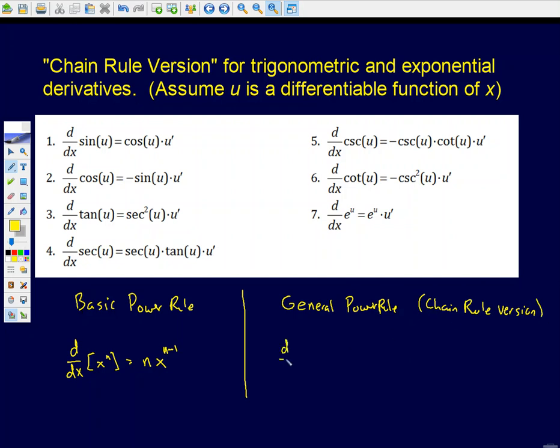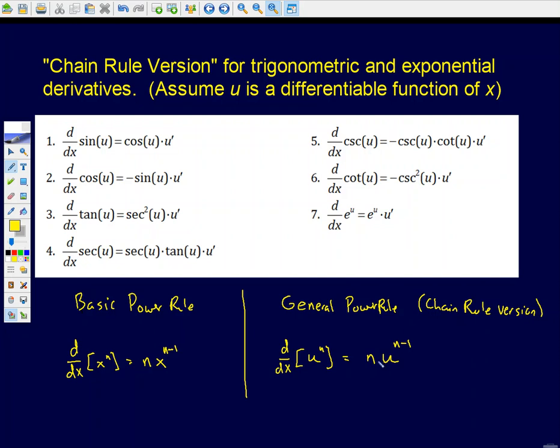Which is stated: what's the derivative of any function, any expression to the power n? It's assumed that u is the placeholder for some other function, like x squared plus 4. Then all I've got to do is apply the regular power rule: bring the power down, decrease the power by 1, right?